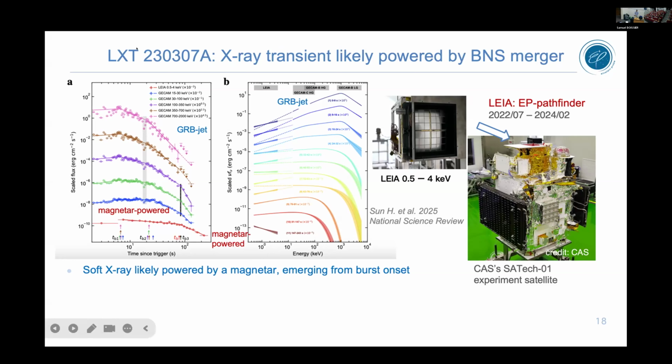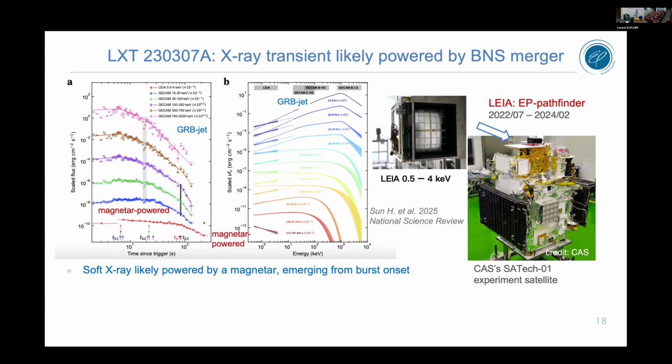And during the LEIA operation, this event, EP230307a, is an X-ray transient likely powered by a binary neutron star merger. In the left panel here, we can see the signal from LEIA and GECAM. GECAM is a hard X-ray and gamma-ray burst detector. The red one is from LEIA.